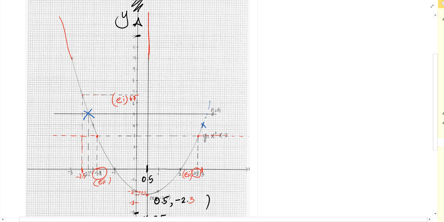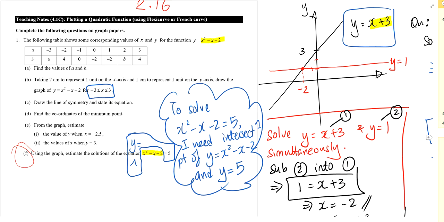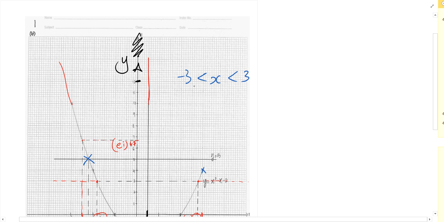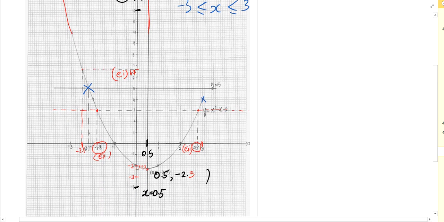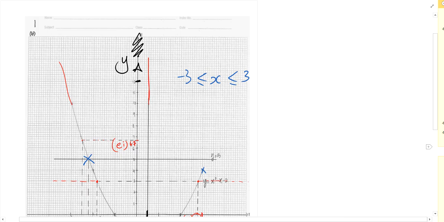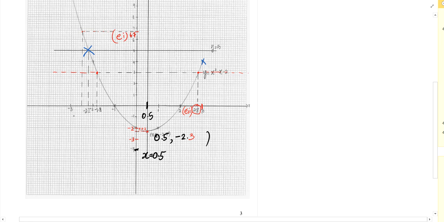If the graph were to continue, we would get another solution, but we are told that the graph is only valid for x from -3 to 3. Therefore, we only have one solution in this case, and this value over here is -2.2. So this is for part F. In your graph, label part F, and this is our answer.